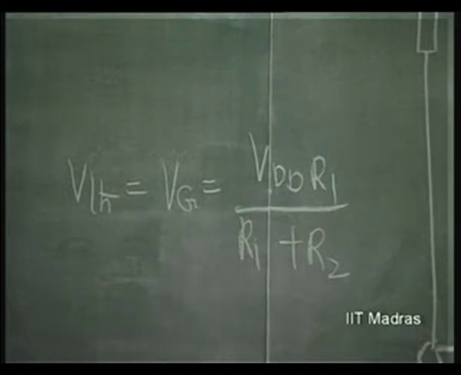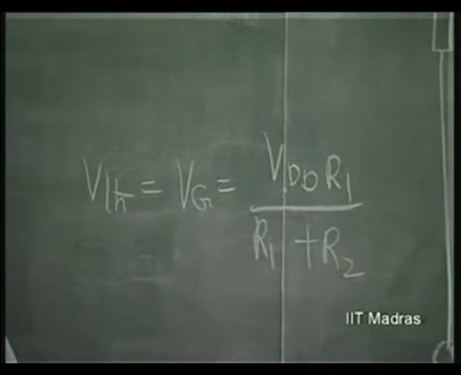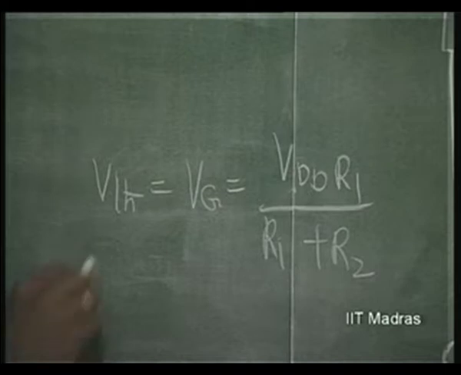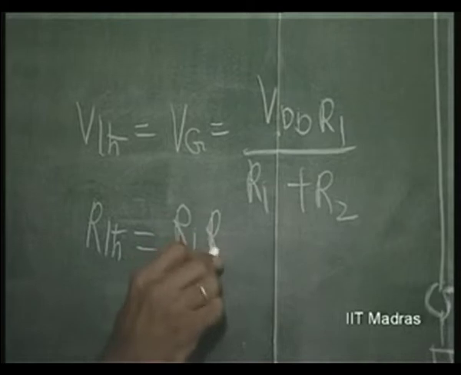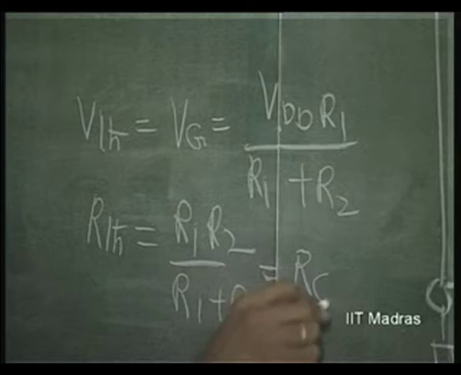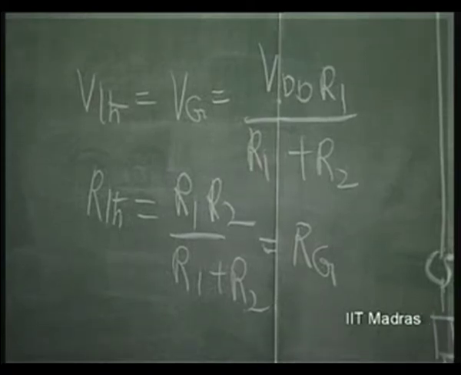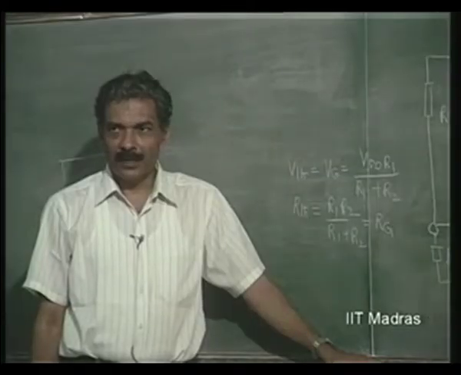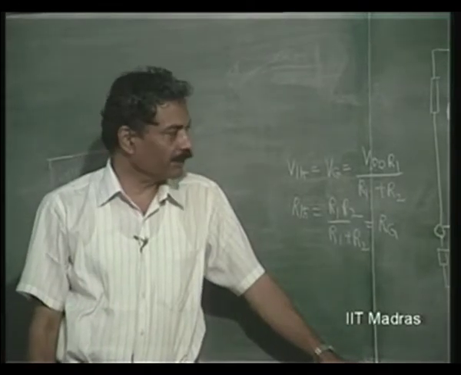What we said was, it is not only generating a Thevenin's voltage, but it has a series Thevenin's resistance, which was equal to R1 parallel R2, which in this case is going to be called RG. Earlier we had called it RB, and this was VB, the Thevenin's voltage.